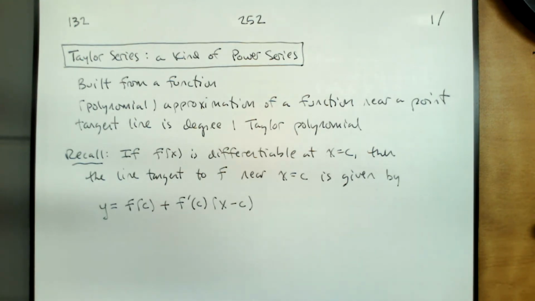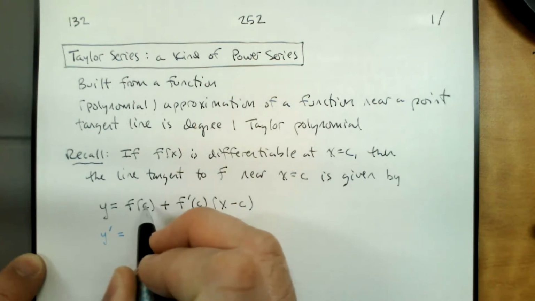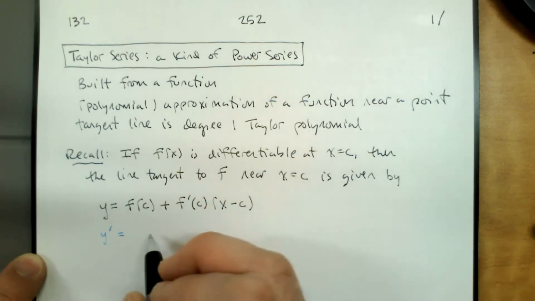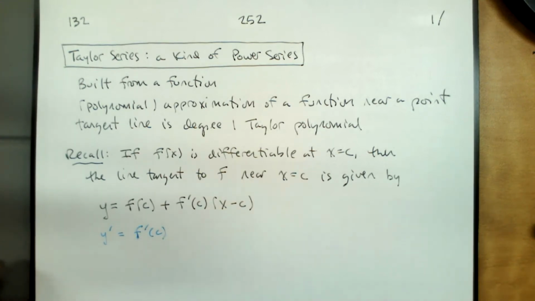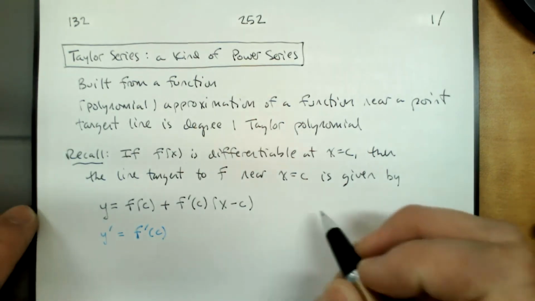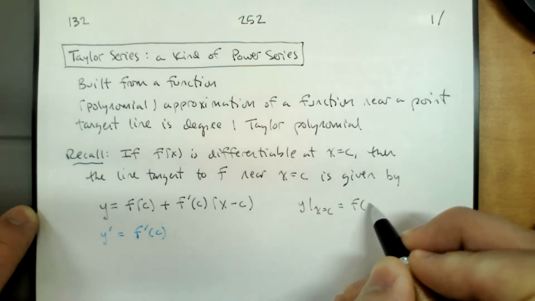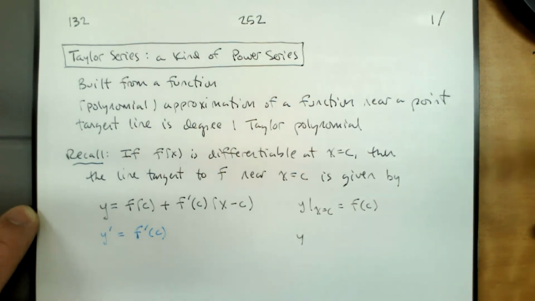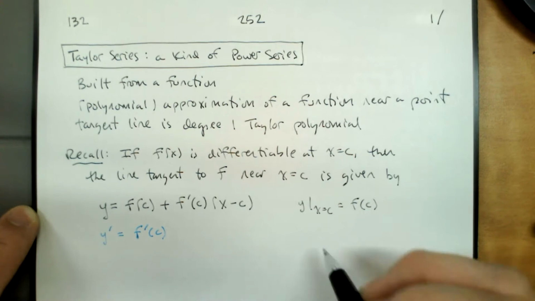Notice that y prime, the derivative of a constant is 0. The derivative of something times x is just something. This is what we want from a tangent line. The tangent line has the same value as the function and derivative. We match the value and the derivative at the point.